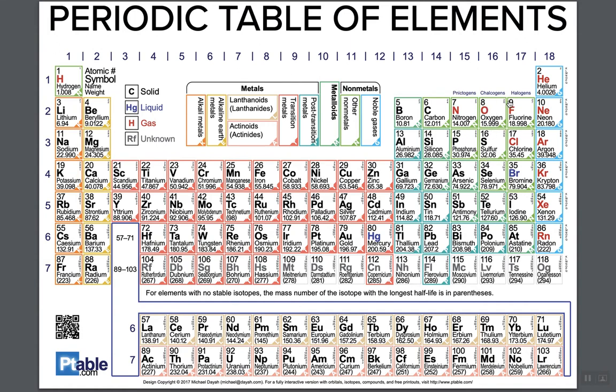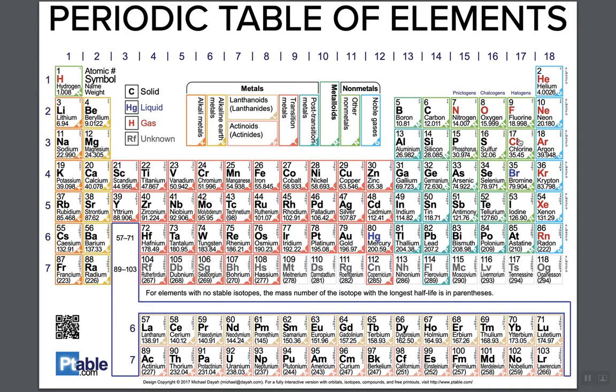Group 7A, or group 17, are the halogens, and those have 7 valence electrons. They're also highly reactive, much like the alkali metals. They're highly reactive, especially with metals. They have 7 valence electrons.